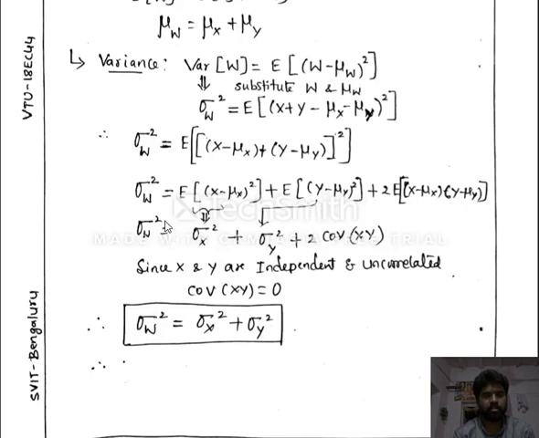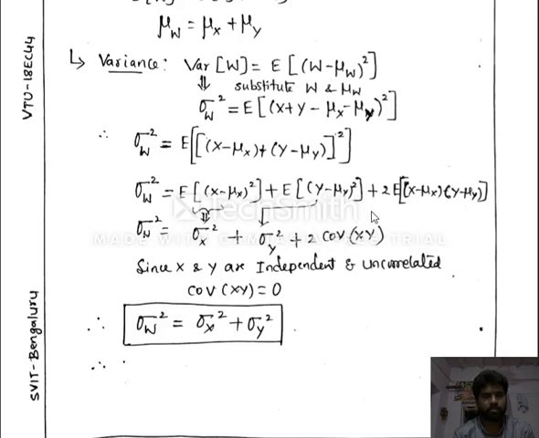Then we are going to get the variance of the sum of the two random variables as sigma w square equal to variance of the random variable x plus variance of the random variable y plus 2 times the covariance between the random variables x and y. Since the random variables x and y are independent in nature, the covariance between x and y is 0.